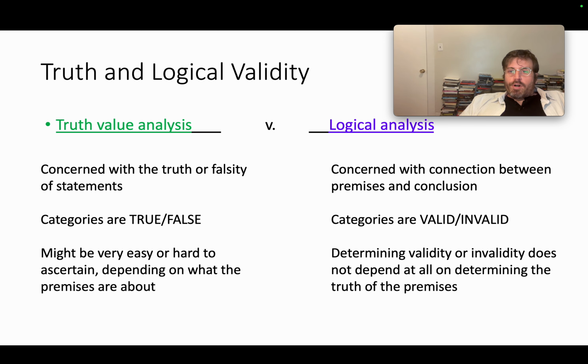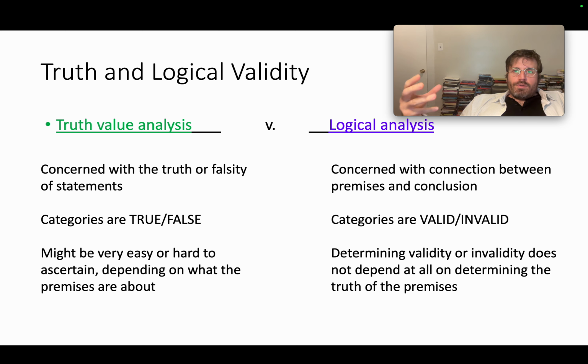Determining validity or invalidity does not depend at all on determining the truth of the premises. Normally, when we are inquiring into the validity or invalidity of arguments, we will take for granted the truth of certain premises unless otherwise stated.